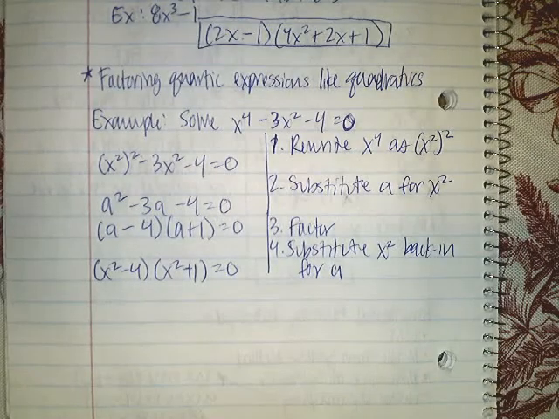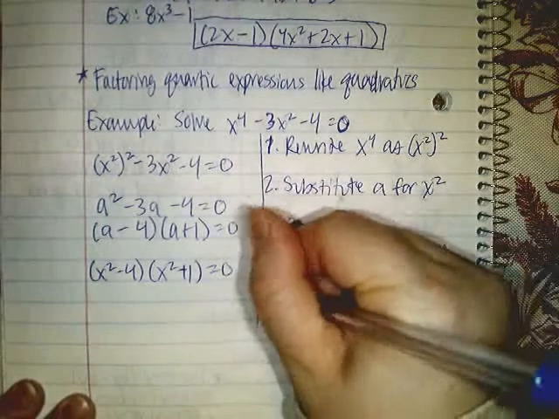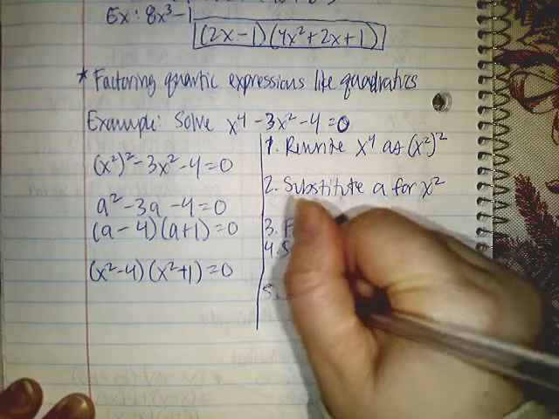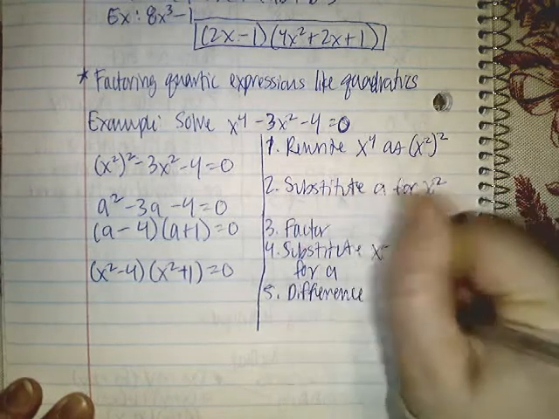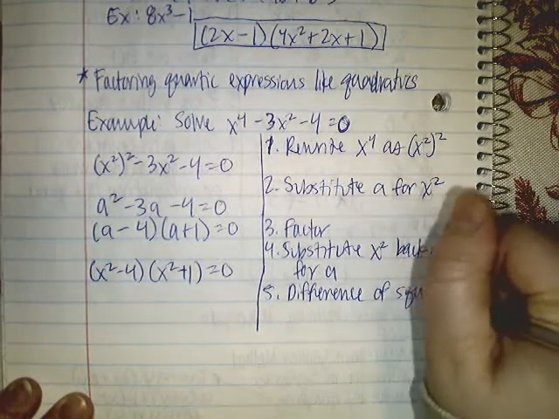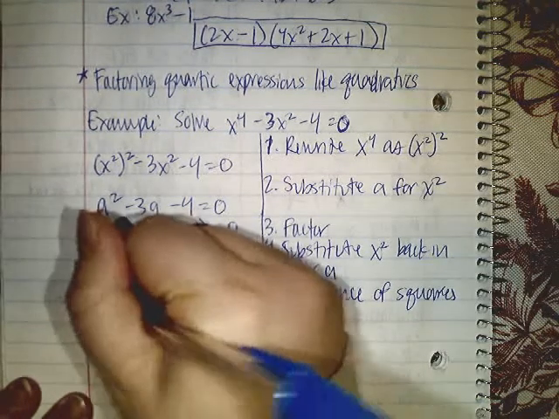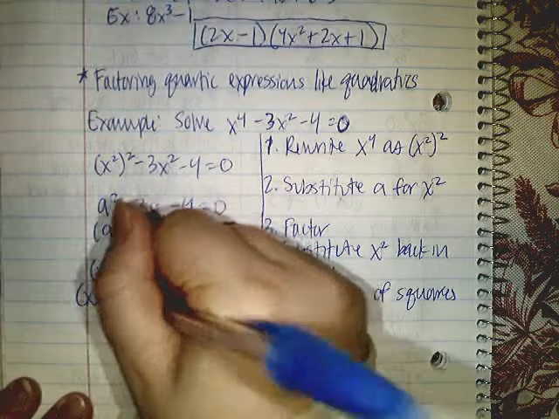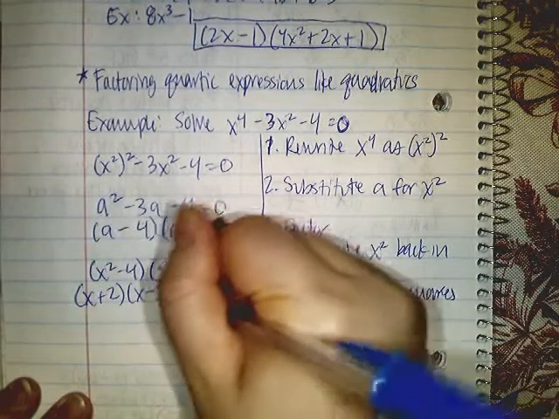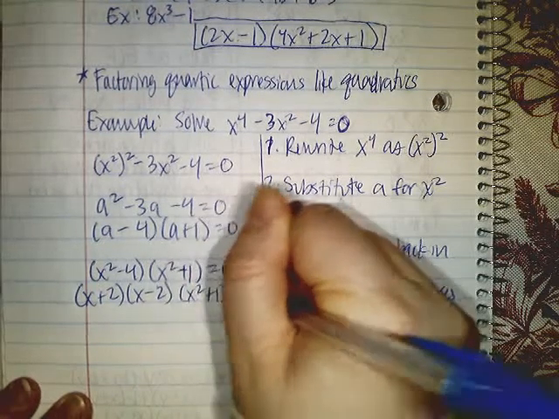And now I can use the zero product property. Just to refresh your memory, since we're talking about factoring methods, I'm going to factor the difference of squares. Hopefully you noticed that. If not, that's okay. I have two perfect squares being subtracted, so I can rewrite this as (x plus 2)(x minus 2) times (x squared plus 1) equals 0.